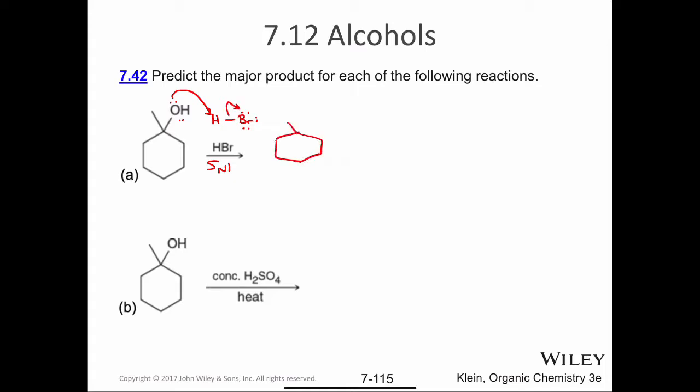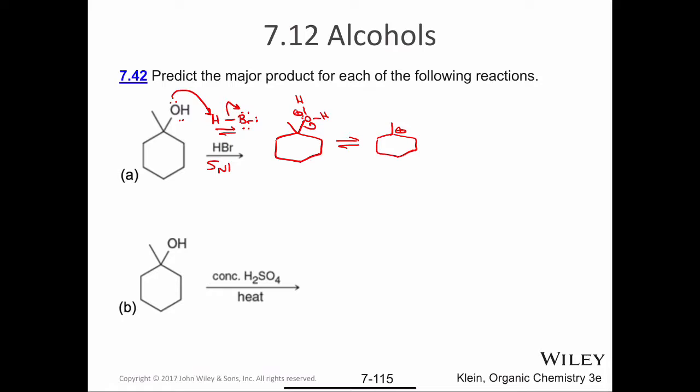So I can draw the good leaving group like this, or you can draw it as OH2 with a positive charge. Either way is fine. Now I'm going to lose that leaving group like this, and I end up with a tertiary carbocation.